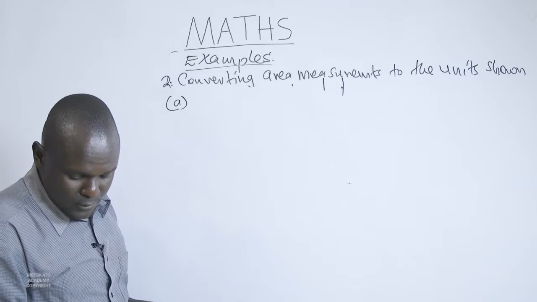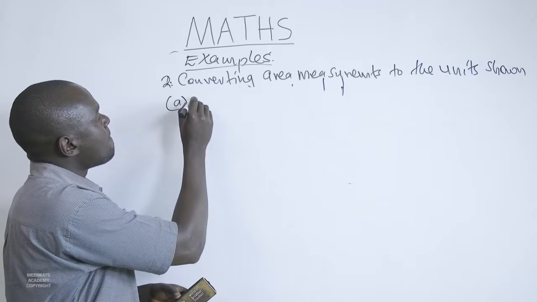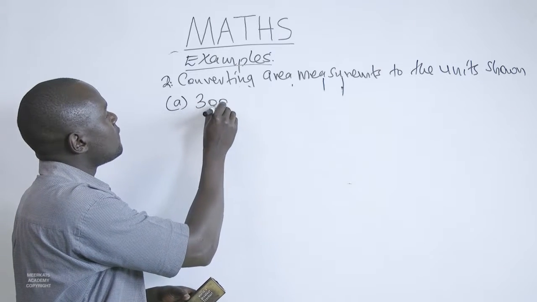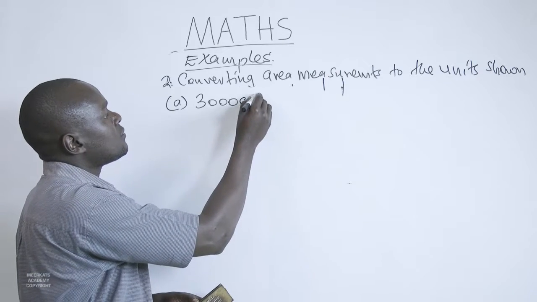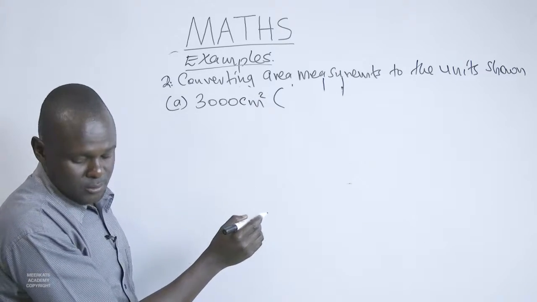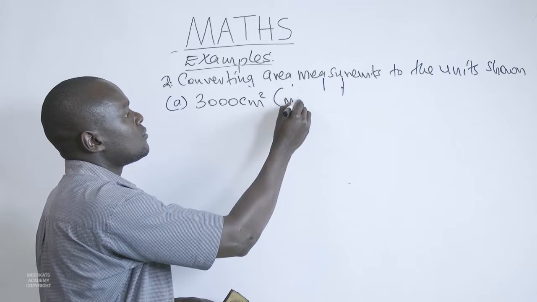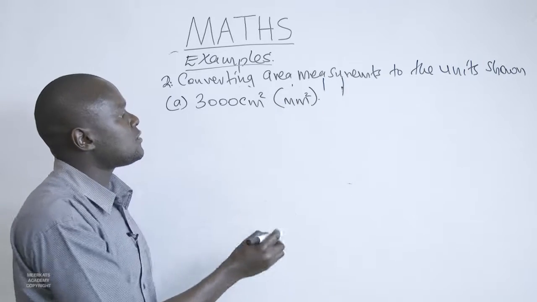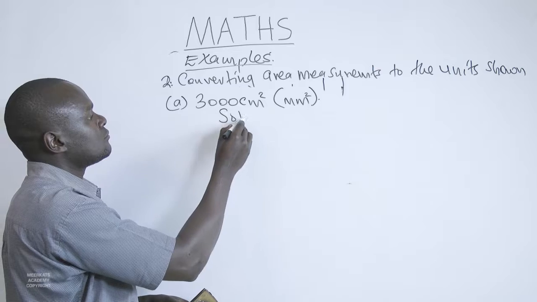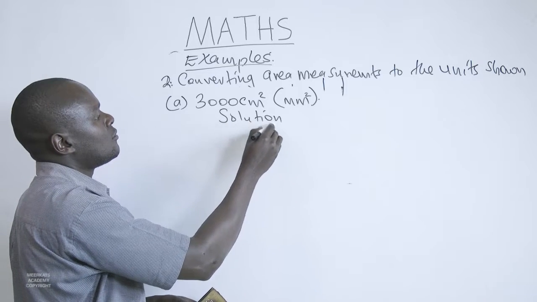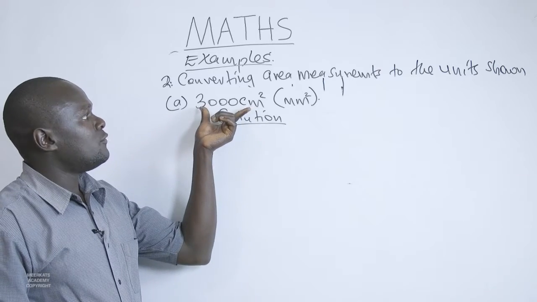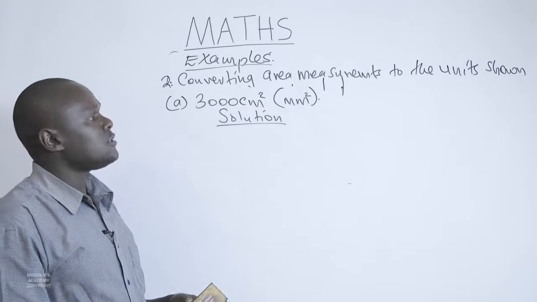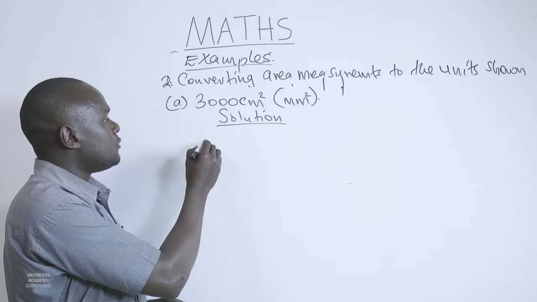We convert 3,000 square centimeters to square millimeters. So you will still realize that we are moving from a larger unit to a smaller unit, so we need to multiply.